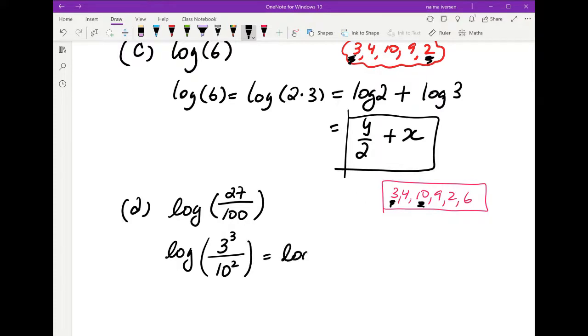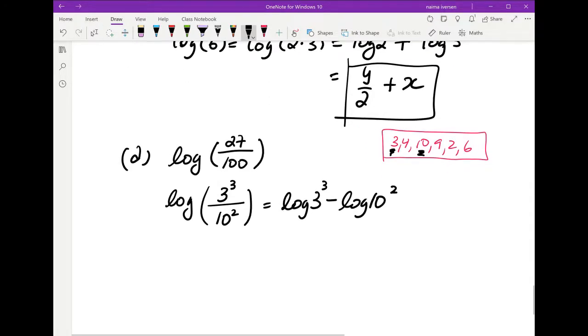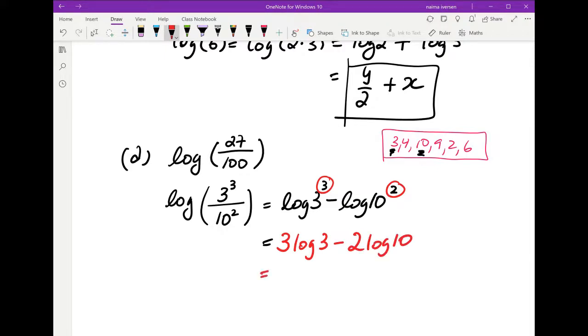So we're going to end up with log of 3 cubed minus log of 10 squared. Remember, those exponents, we really don't want them there. We only know stuff about 3 and 10, so get rid of them by putting them in the front: 3 log 3 and 2 log 10. Log 3 was given to us as an x. Log 10 is not given to us, but our base is 10.